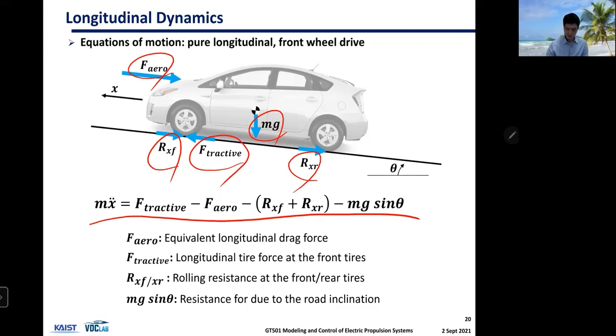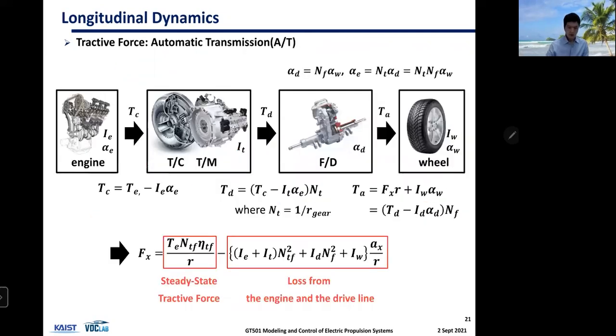F equals ma. So if you know all forces, then you can compute acceleration. Okay, so m is known, and if all of this is known, then you can find acceleration. And if you integrate that over time, then you will compute velocity and position.